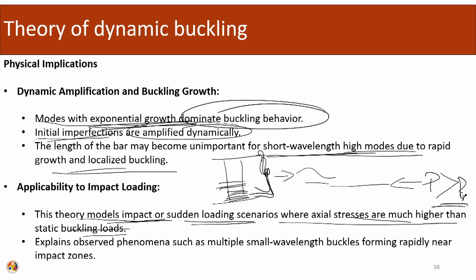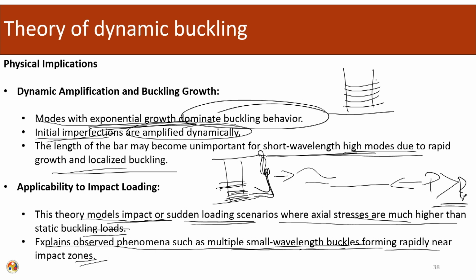This explains the observed phenomena such as multiple small wavelength buckles forming rapidly near the impact zones. As we have seen near the impact zones, this type of multiple buckling shapes occurs. So, this analysis is able to explain this type of behavior, the dynamic buckling behavior.